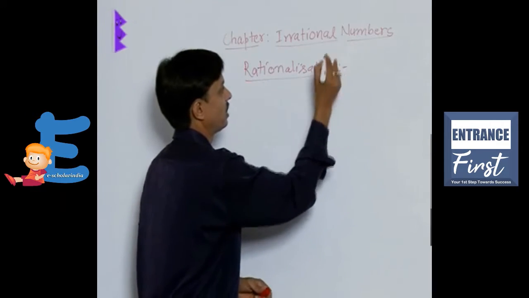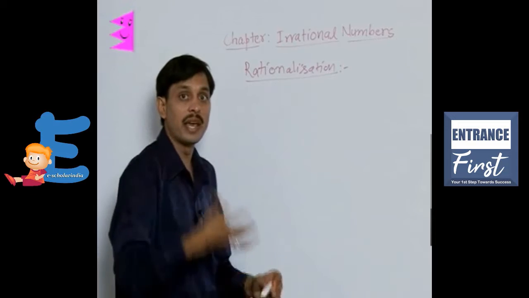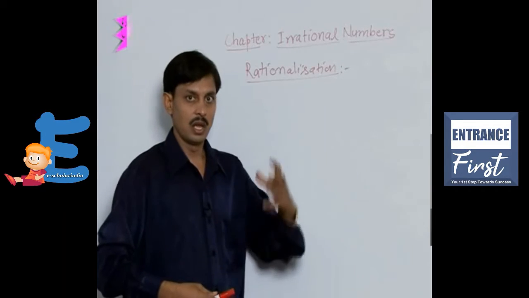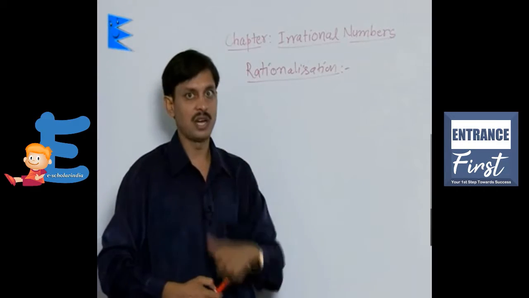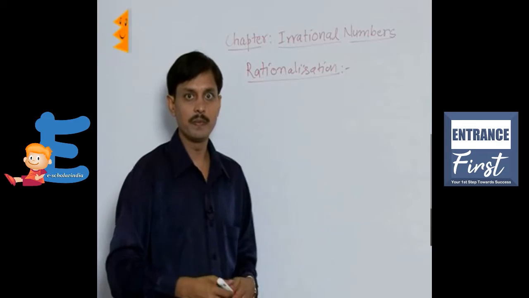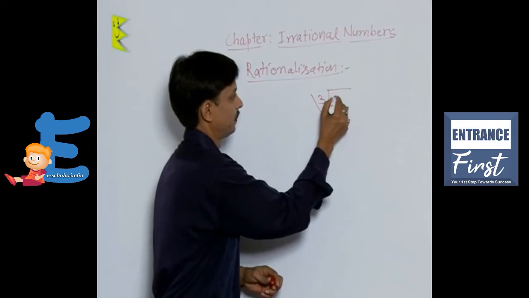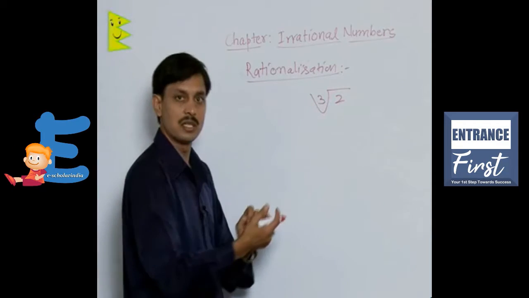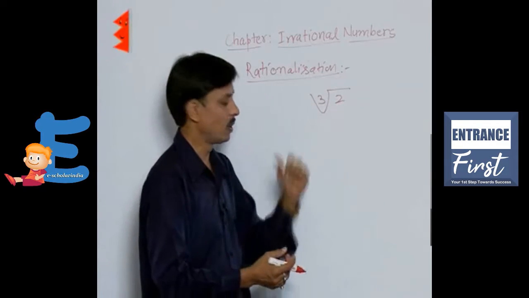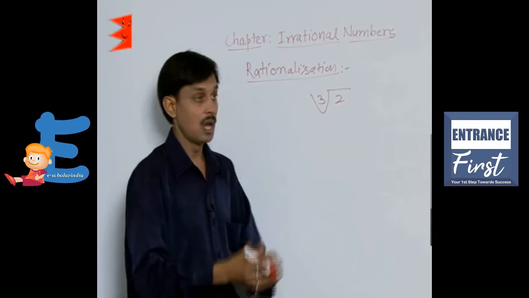The question is, what is rationalization and why is it needed? If I ask you what the cube root of 2 is, you will say it is a surd. What kind of surd? Pure surd.